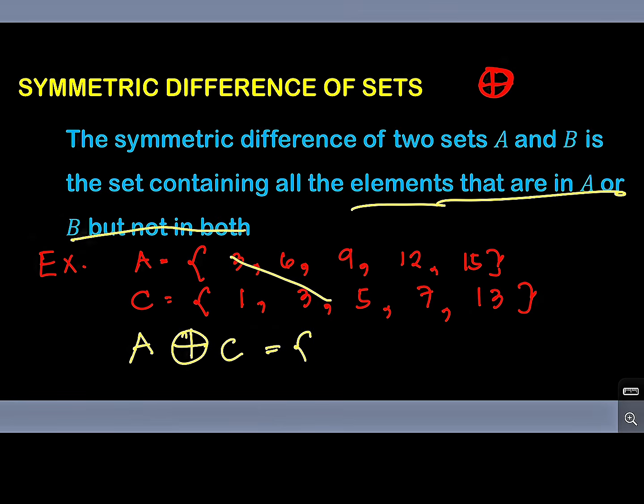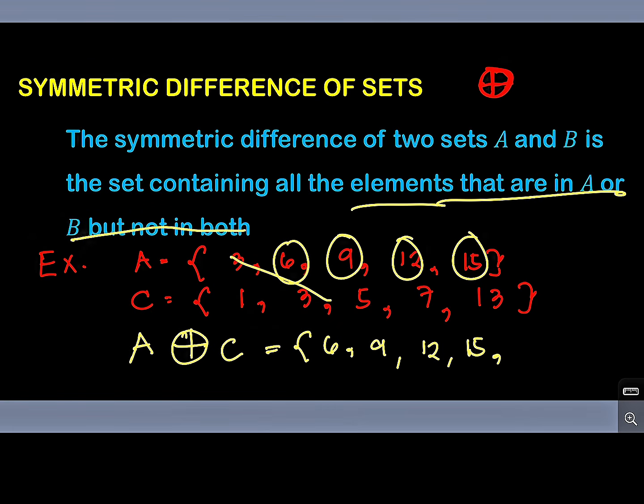So we have here the set of A symmetric difference C: the set of 6, 9, 12, 15, 1, 5, 7, and 13.